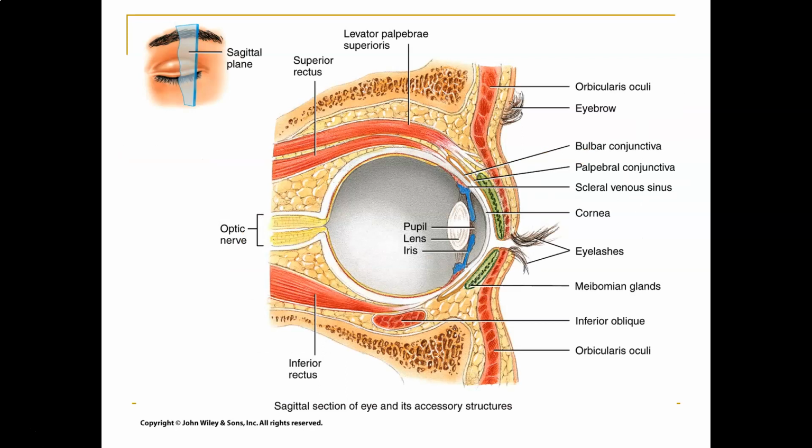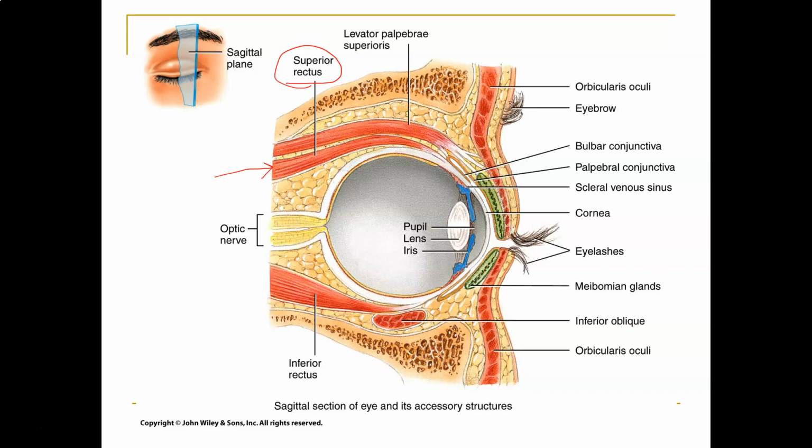Also considered extrinsic or external accessory structures to the eye are the 6 extrinsic eye muscles. These are skeletal muscles. For example, here we see the superior rectus muscle. You do need to know the 6 for a lab.